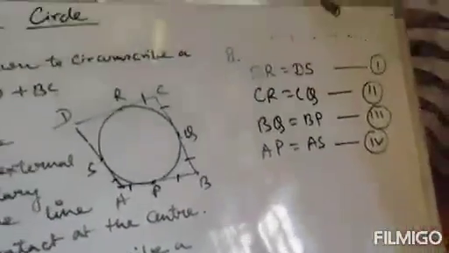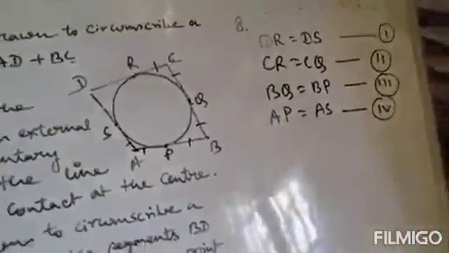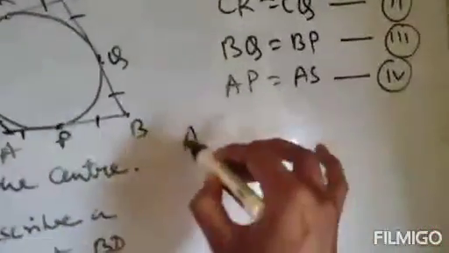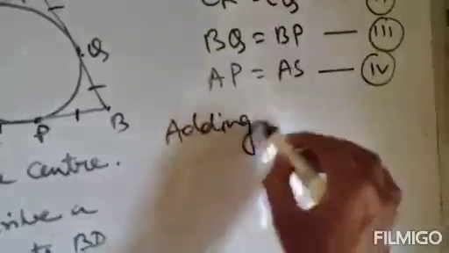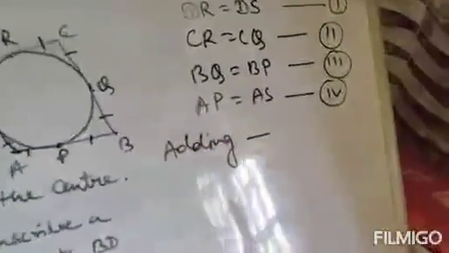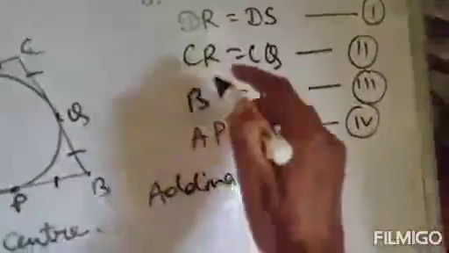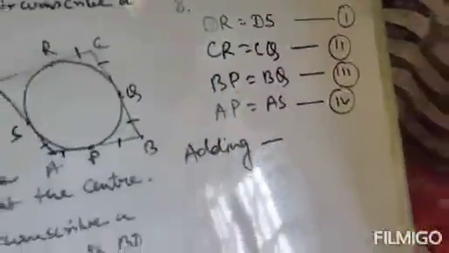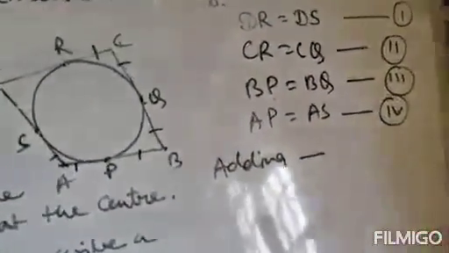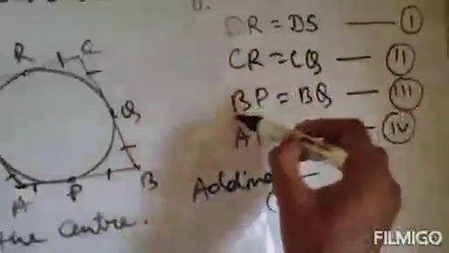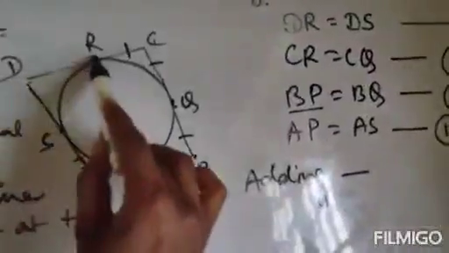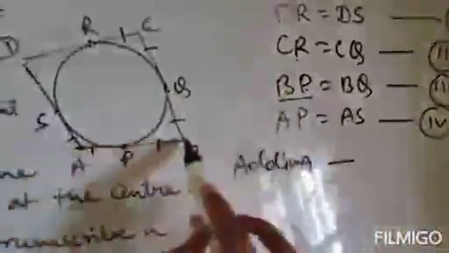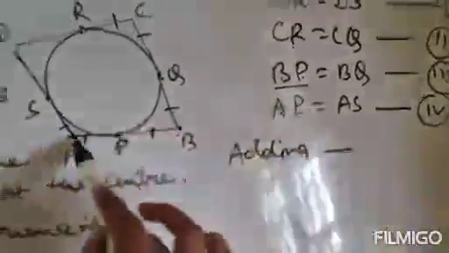Clear? Now we will add all these 4 equations. Here write BP equals BQ, because BQ equals BP and BP equals BQ, both are the same. I have written BP first because it says DR, it says CR, that means this portion, then BP, that means this portion, and AP, that means this portion.